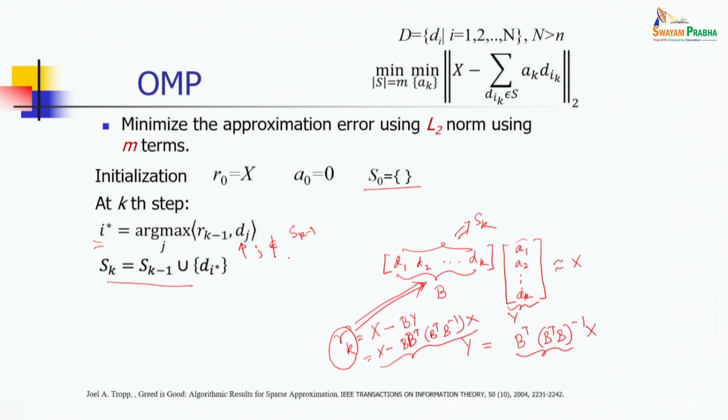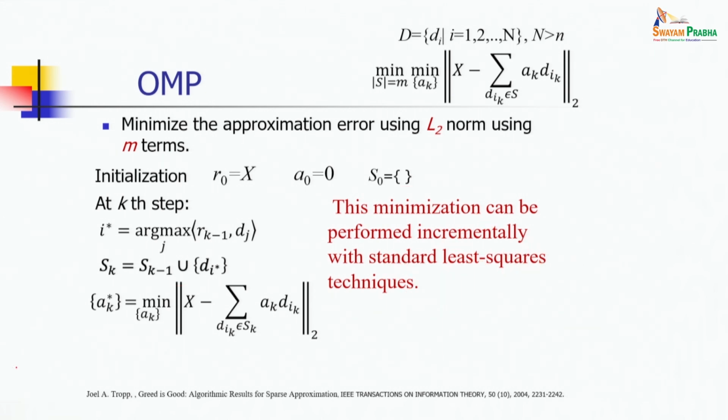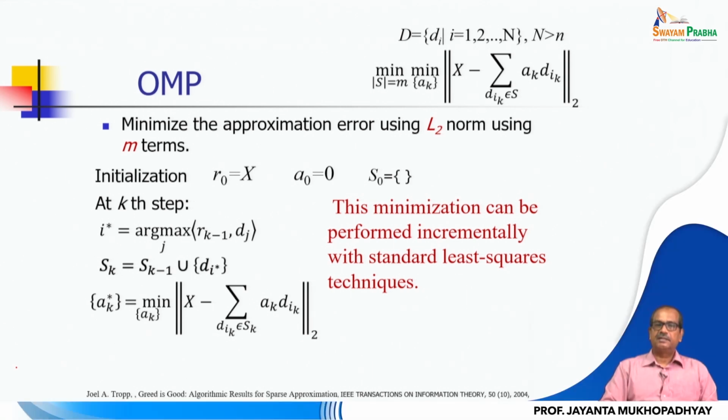That means within M steps, exactly at the M step you can stop, and that is the best approximation with respect to this flow of computations. So this is what you get at this point. You are minimizing it, and as I was mentioning, for minimization you can perform the standard least squares techniques to solve this problem.